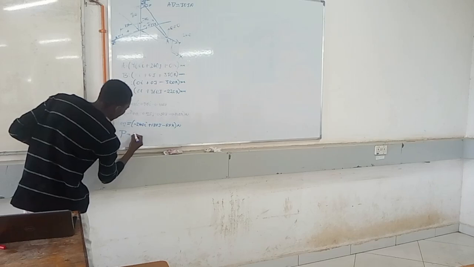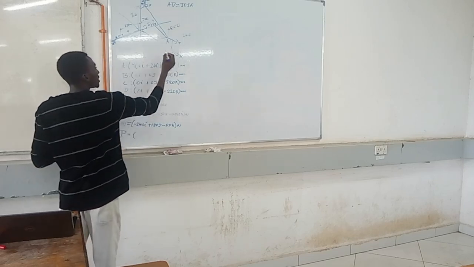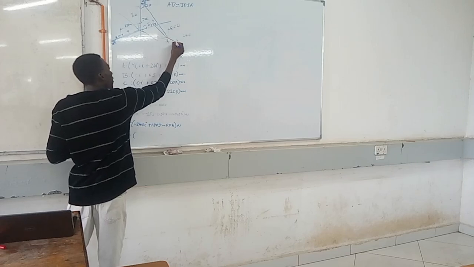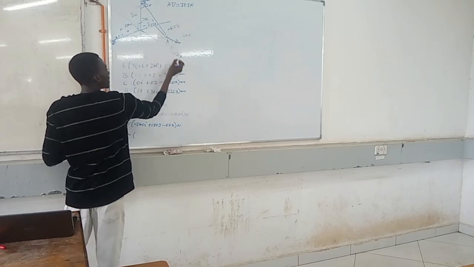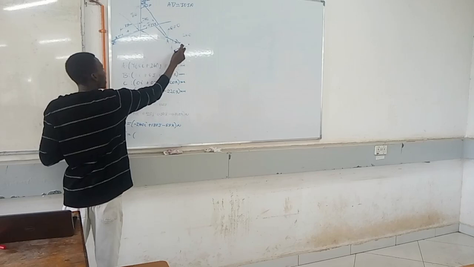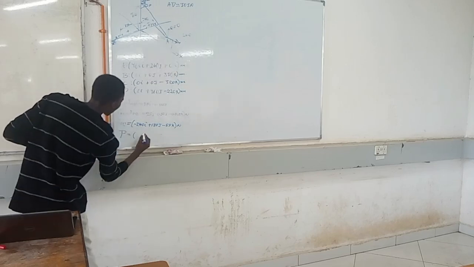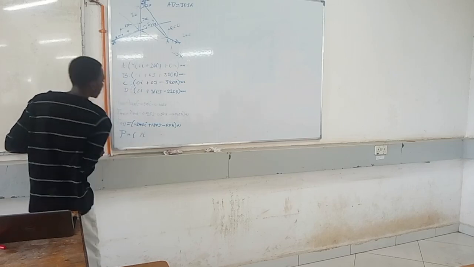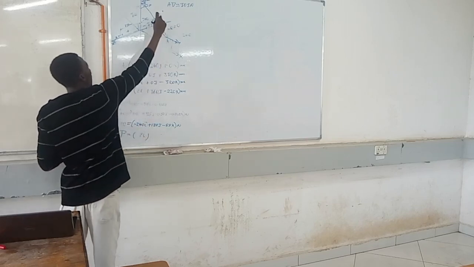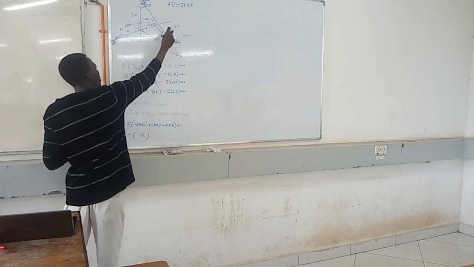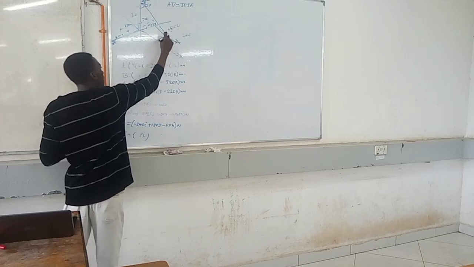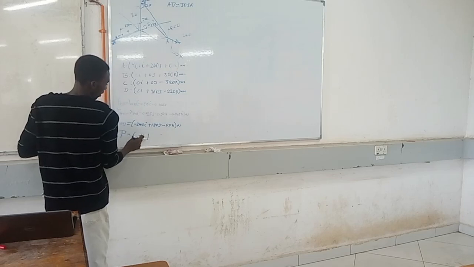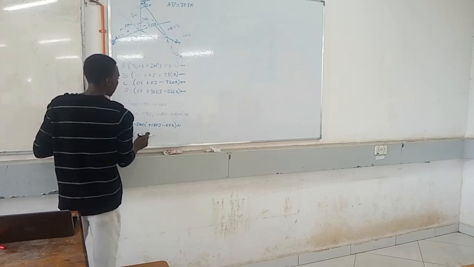Therefore, P is a force in what coordinate? In the x. So it's only going to have P I. If it was in the z or in the y, we would have put J or K. But for this case, P is a force going through the direction of x, so we're going to put force P I in the x.